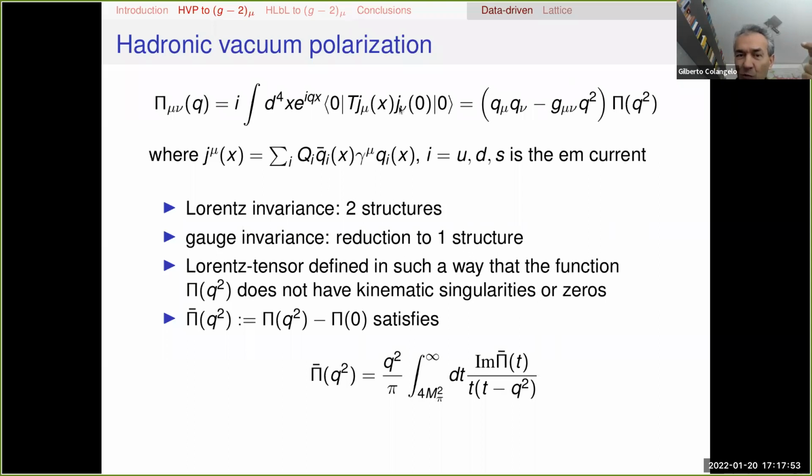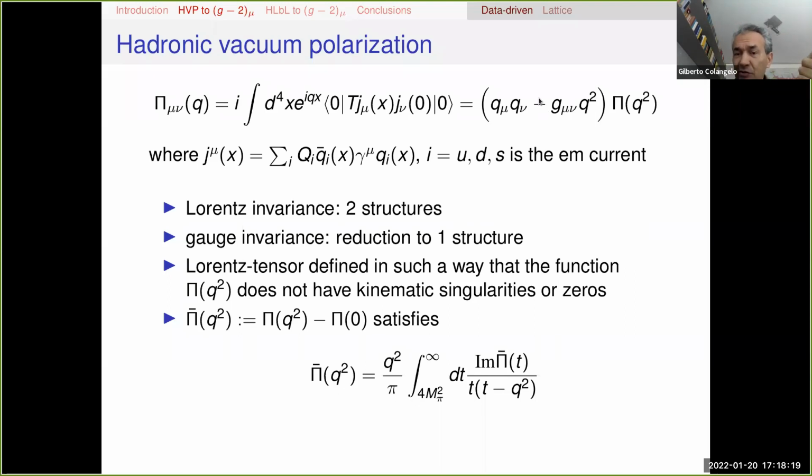And if it depends only on one momentum, then you can build two Lorentz structures. So in principle you would have two scalar functions encoding the hadronic physics, but then gauge invariance tells you that the two structures have to appear in this combination. So in the end, because of gauge invariance, you have only one hadronic scalar function.